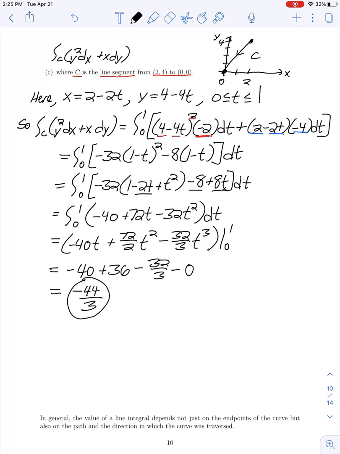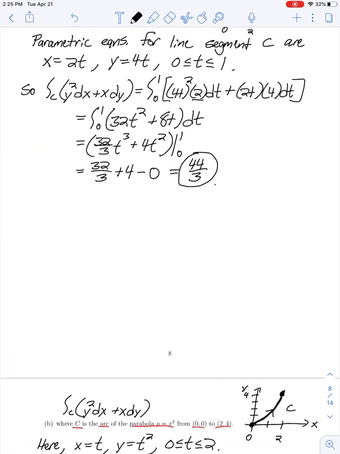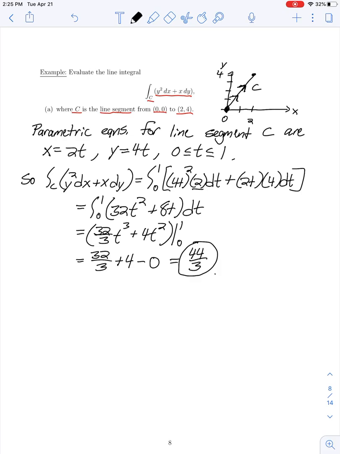So notice if we compare this result with what we found in part A, we found our line integral over this curve C was 44 thirds.